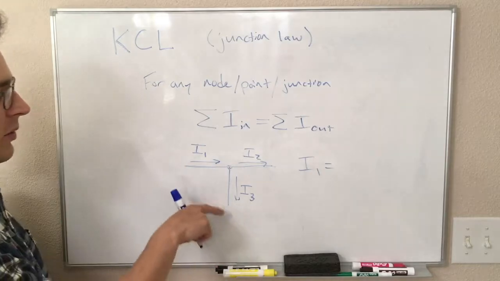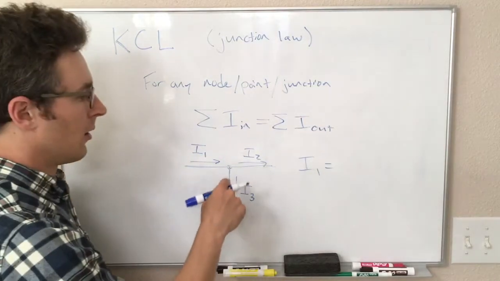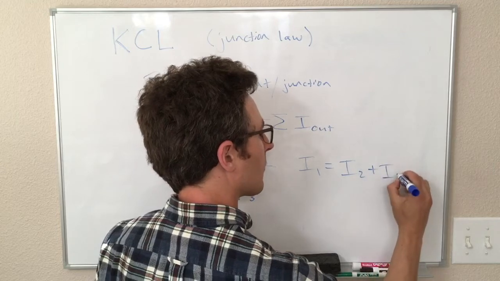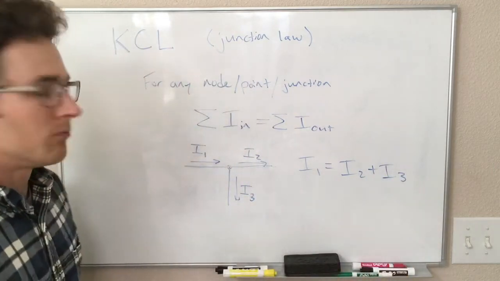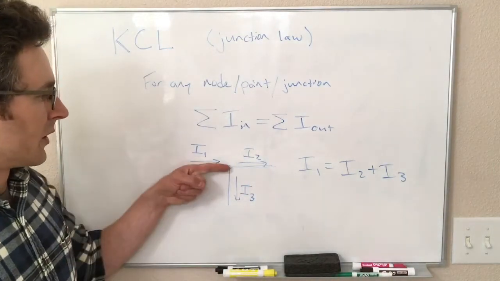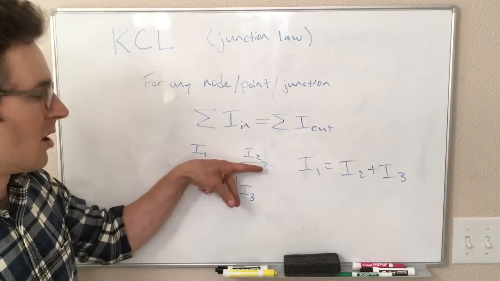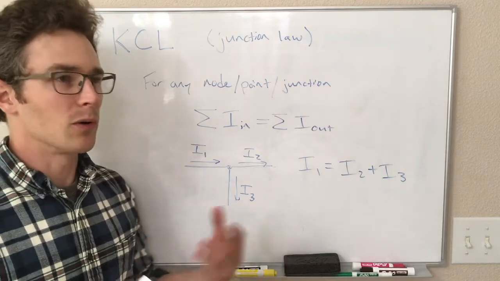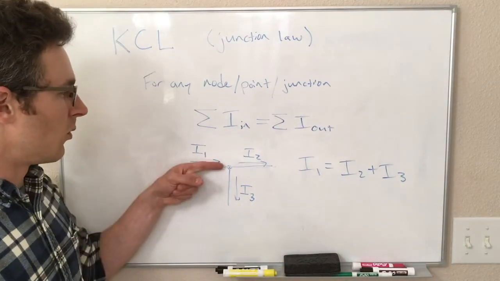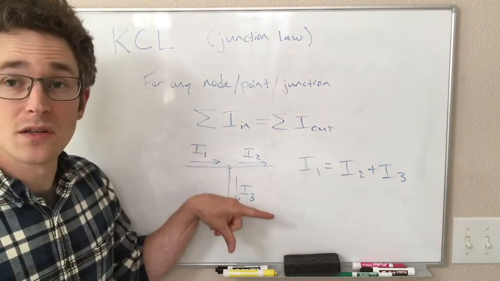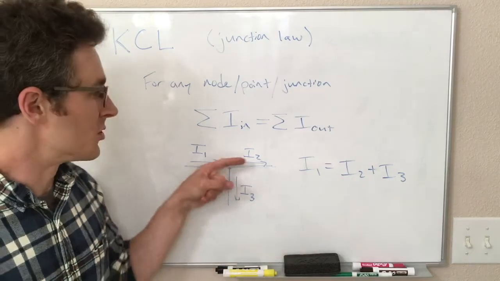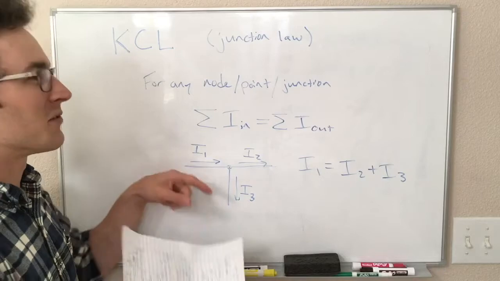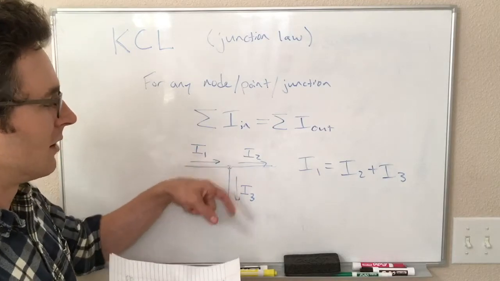Both of these currents we have said are moving out of this point. And there you have it. The amount of current going into this point is equal to the sum of the current going out. In other words, the colloquial way of saying this would be that current 1 goes into this point and then splits into current 2 and current 3, so you still have the same total amount of current if you add those together.